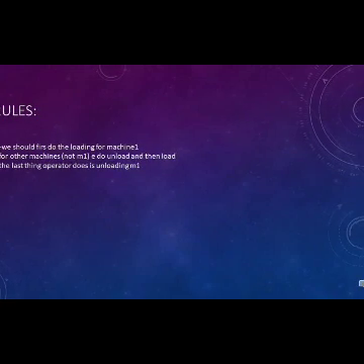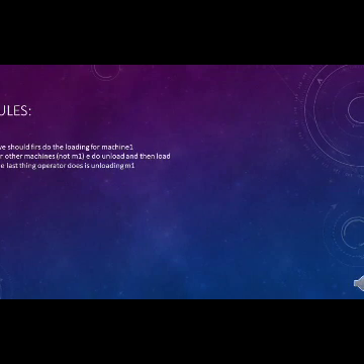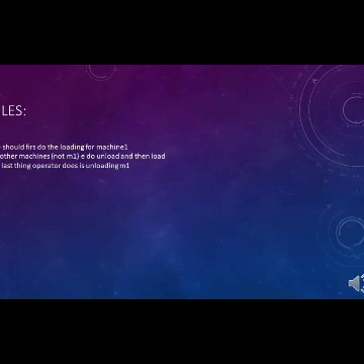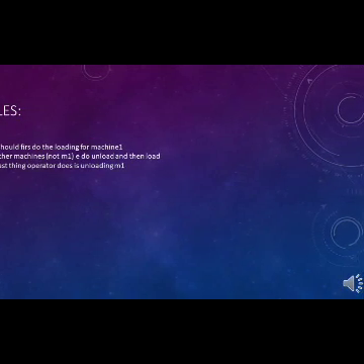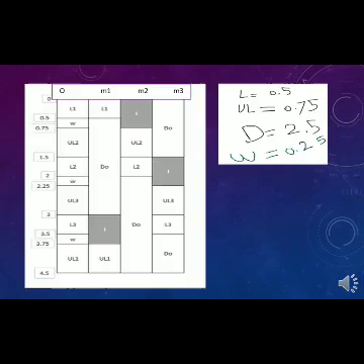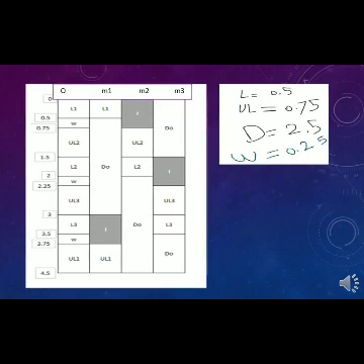And the third rule is the last thing the operator does is unloading the first machine, and I will explain it more in this slide.